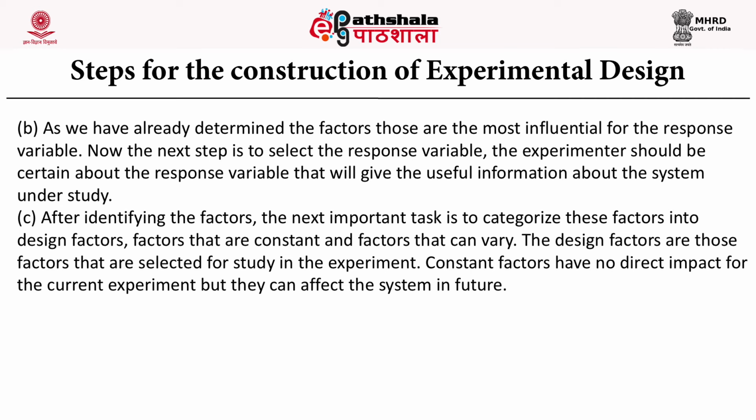After identifying the factors, the next important task is to categorize these factors into design factors, factors that are constant, and factors that can vary. The design factors are those factors that are selected for study in the experiment. Constant factors have no direct impact on the current experiment but can affect the system in future.